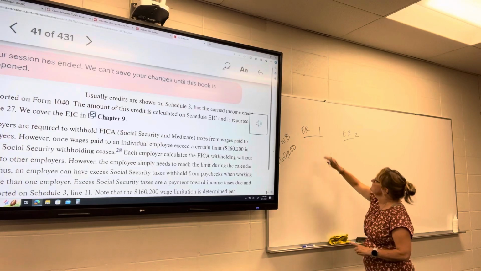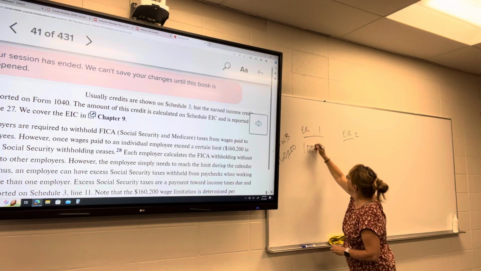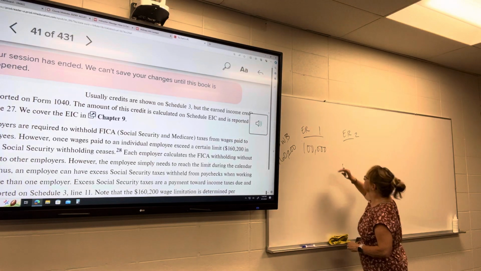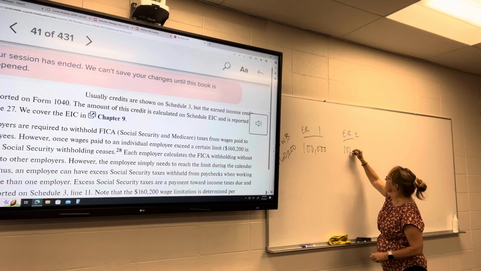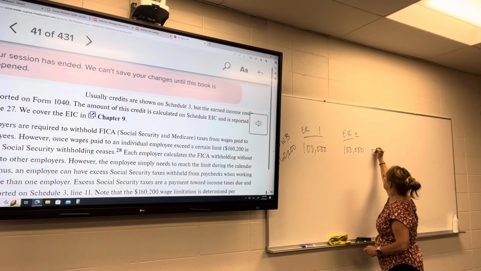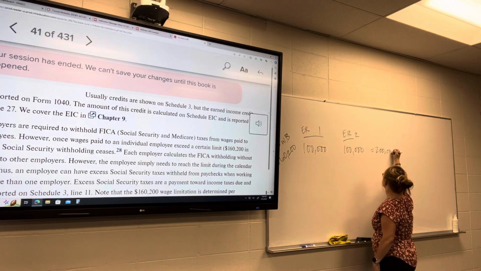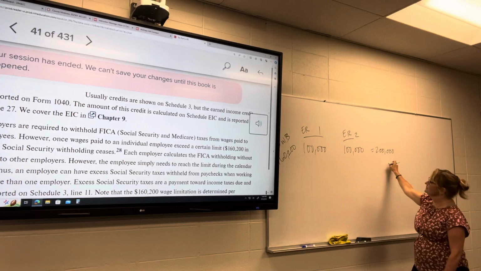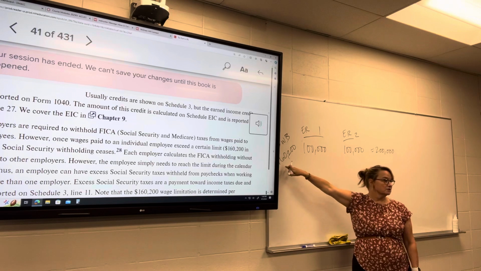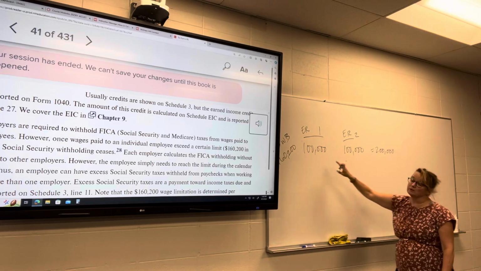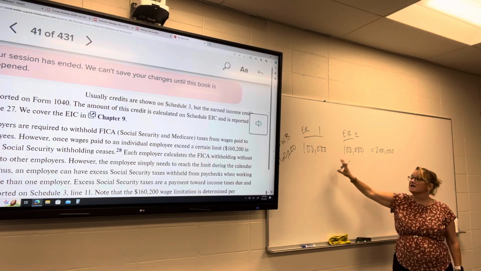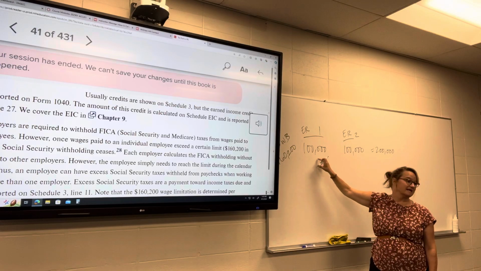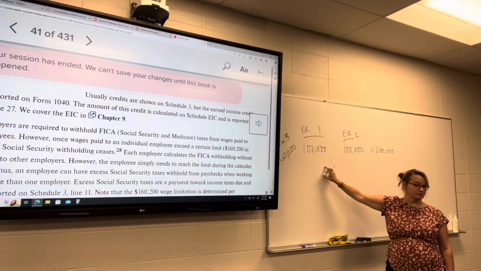Employer 1, the employee made $100,000. July 1st, they went to a new employer, they made $100,000, for a total of $200,000 in wages. $200,000 is over the wage base. But each of these individual employers withheld on all of this income because that wage base was not exceeded at any of these individual employers.